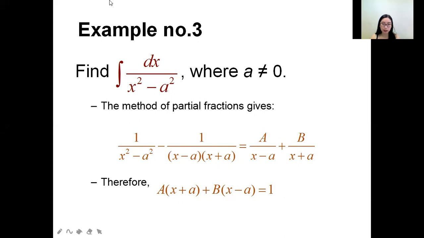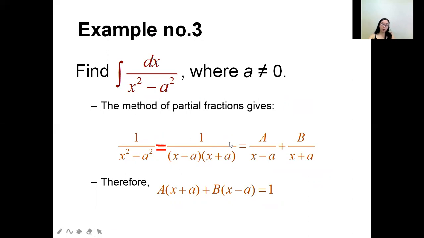So the factor of x squared minus a squared is x minus a times x plus a.